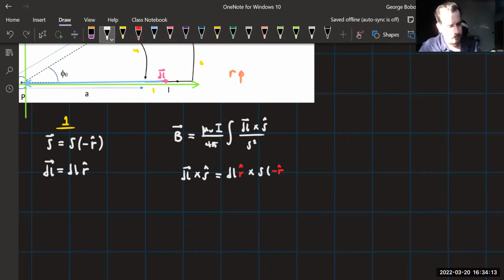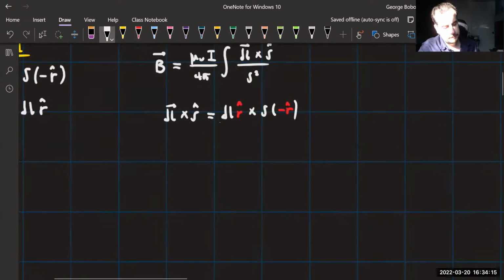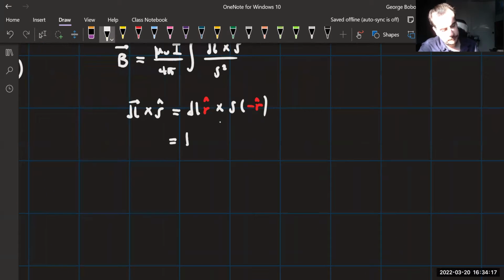What should we get? Who wants to tell me? This is literally the cross product between R and R hat right now. Literally, these are the same vector.